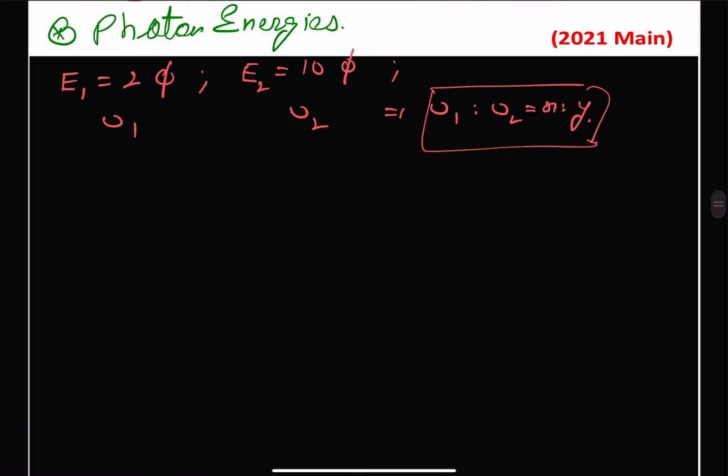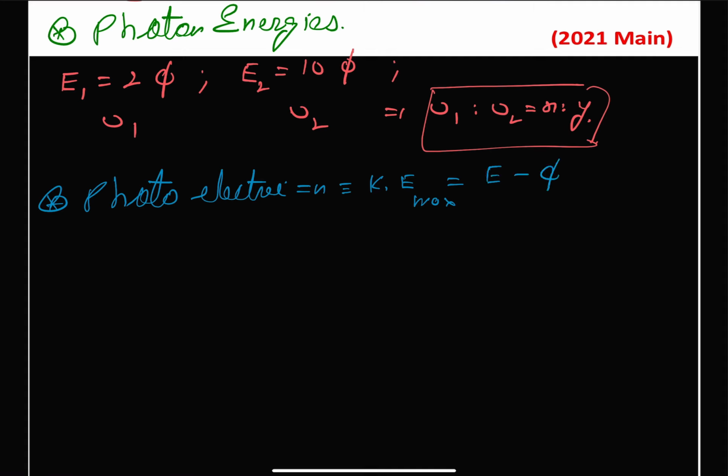So we are going to use directly our photoelectric equation, which gives us the maximum kinetic energy equal to the energy of the photon minus the work function, and that will also equal half m v square.